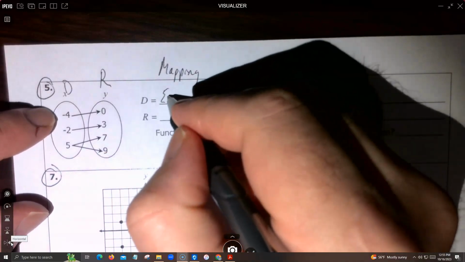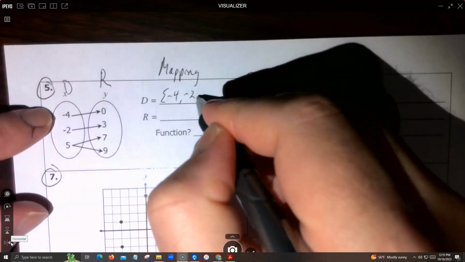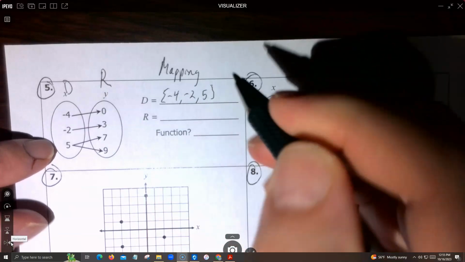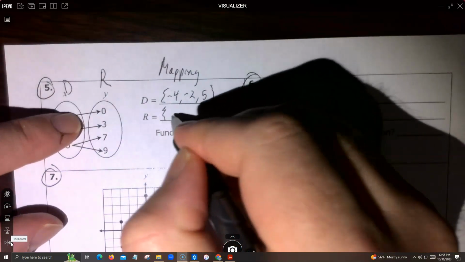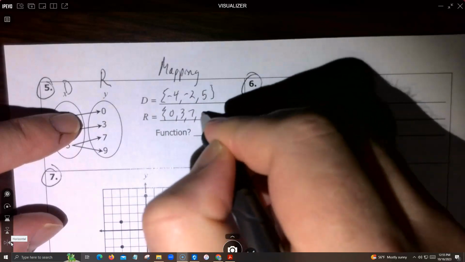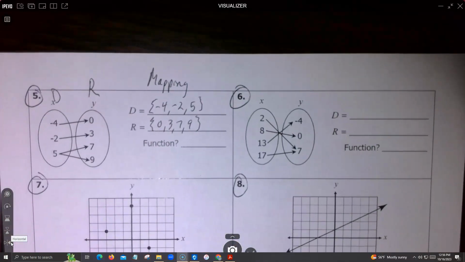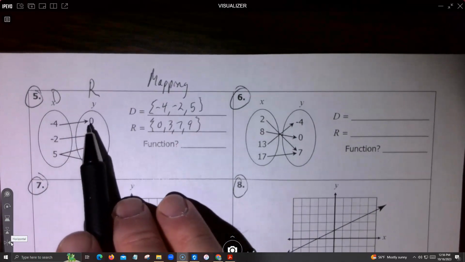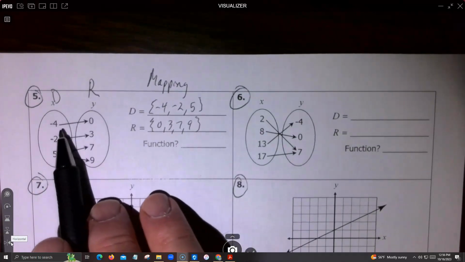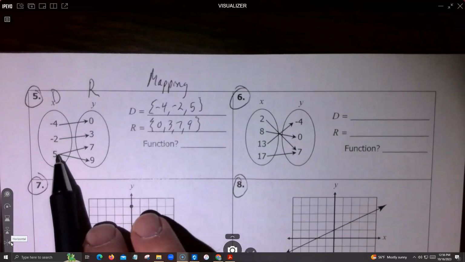But let's say domain and range again are easy. All I have to do is copy all the numbers that are inside the circles, the ovals here. The range is all the second ones, 0, 3, 7, 9. All right, then the question is, is this a function or not? The easiest way to do this is just look at the arrows. If the arrows are only going off to one number, you're in good shape.